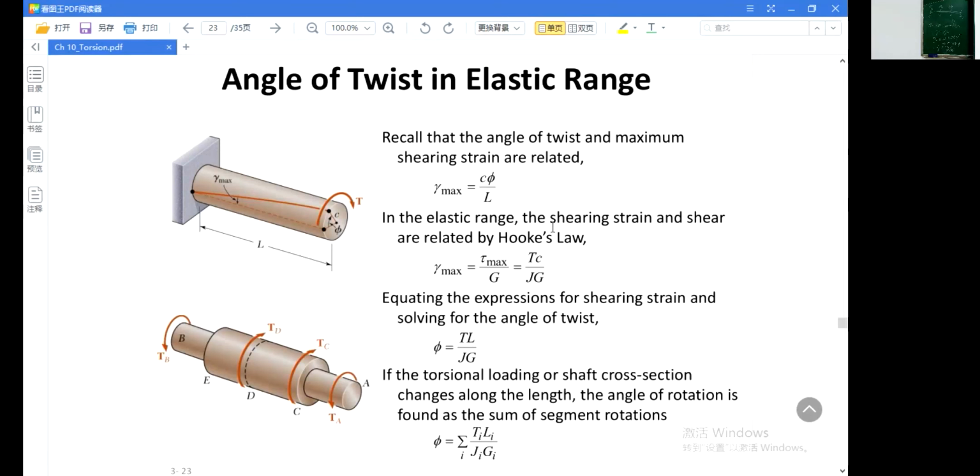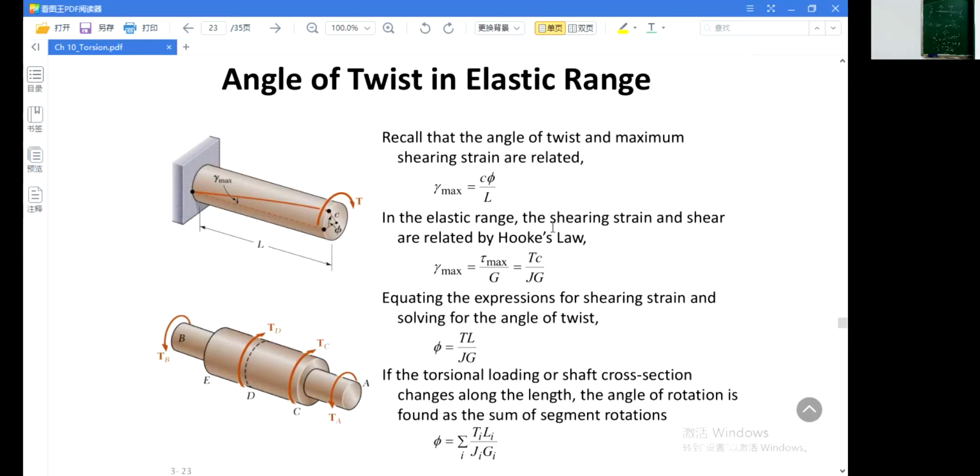Gamma max is tau max over G, Hooke's law, and tau max is Tc over J. So they are equal: C phi over L equals Tc over JG.